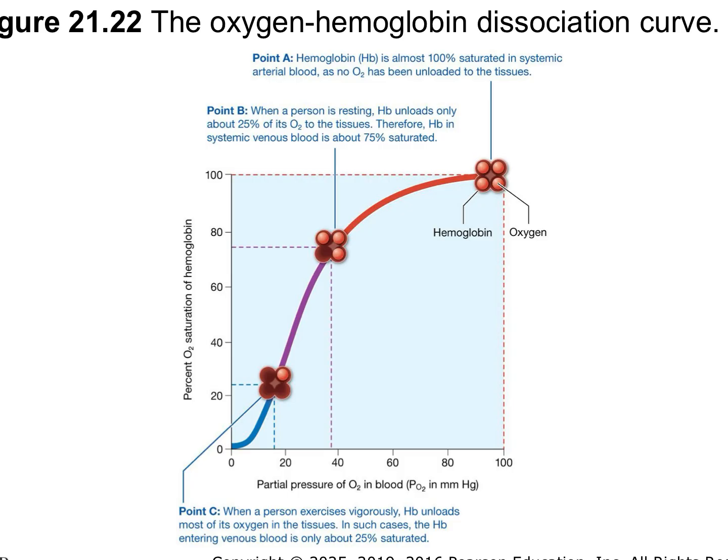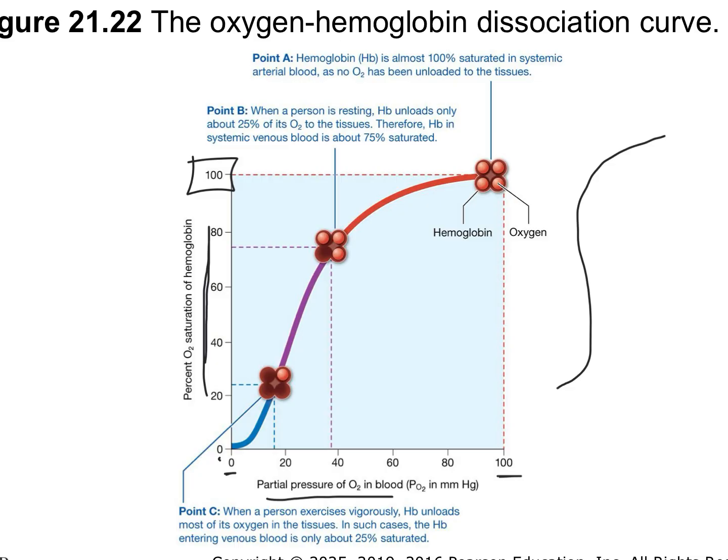Here is an oxygen hemoglobin dissociation curve. This curve has the percent oxygen saturation, going from 0% to 100% saturation. And then it also has the partial pressure of oxygen, going from 0 up to 100. And we see that this curve is roughly S-shaped.